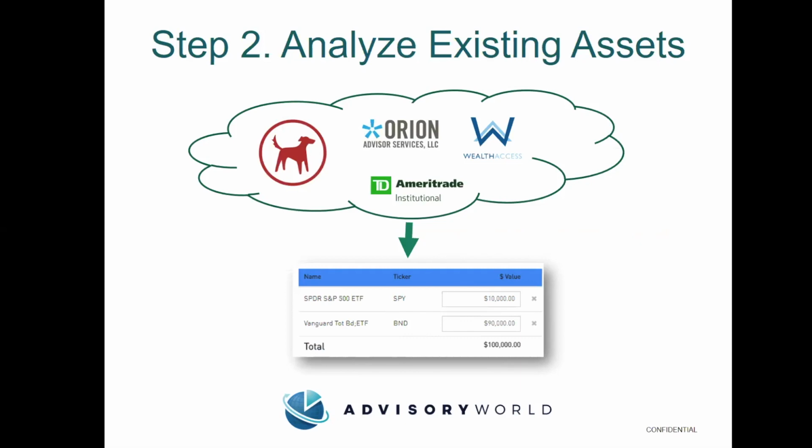We can pull it in from Orion Advisor Services, and there is a number of other firms that we work with. If you're not working with an aggregator, you would have the ability to simply type in the tickers, separating them by commas, or upload via Excel. Point being, the process of getting the data into our application is very straightforward.